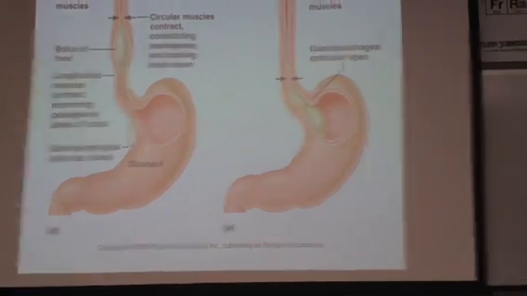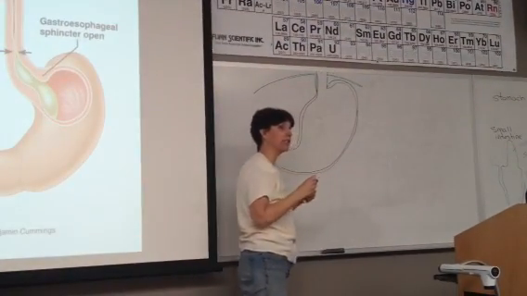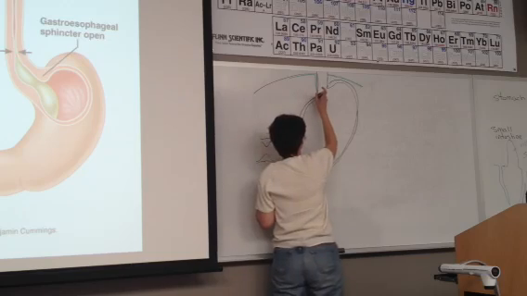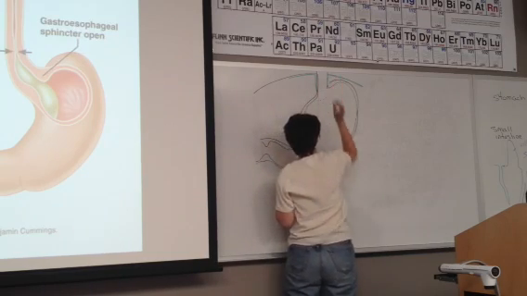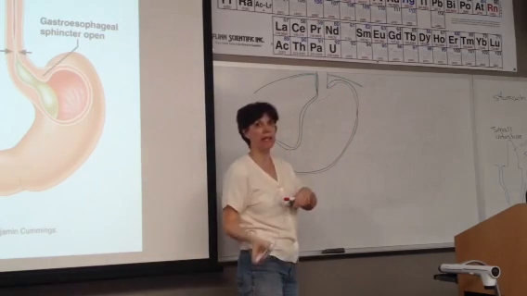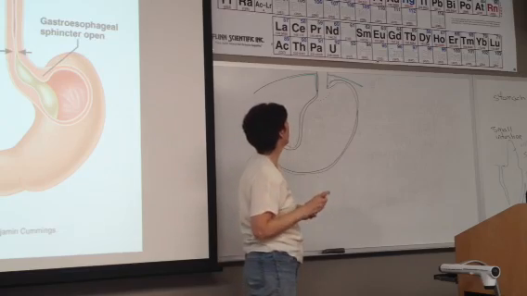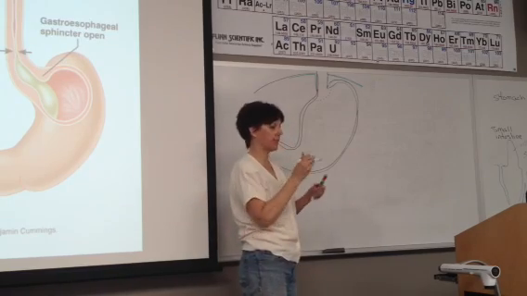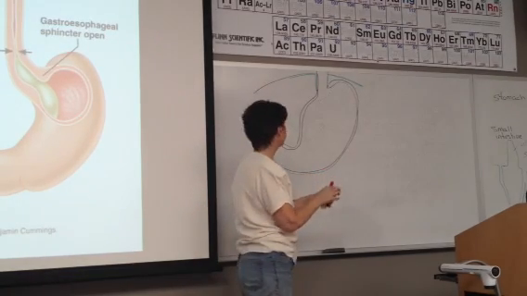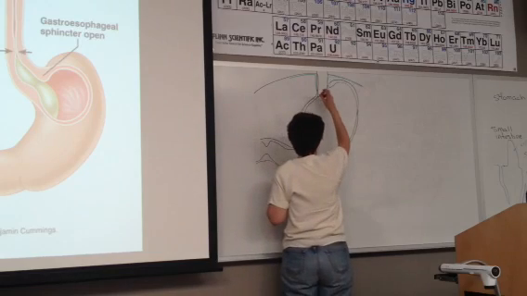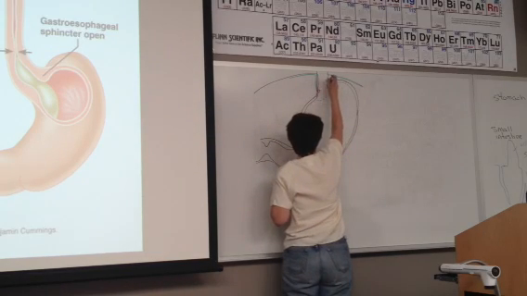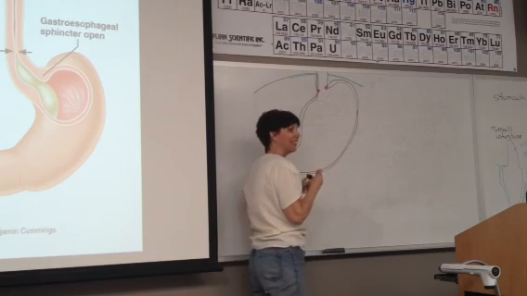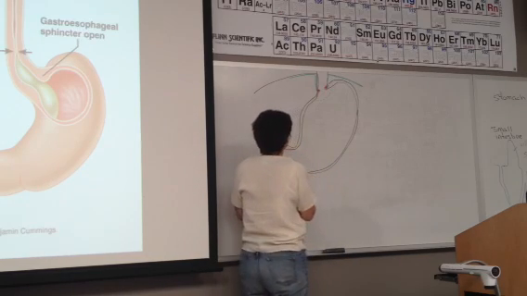All right, let's just identify some of the regions of the stomach. So this area that I'm kind of encircling with a dotted line, where the esophagus attaches to the stomach, there is a thickening of smooth muscle, creating our second sphincter. Okay.